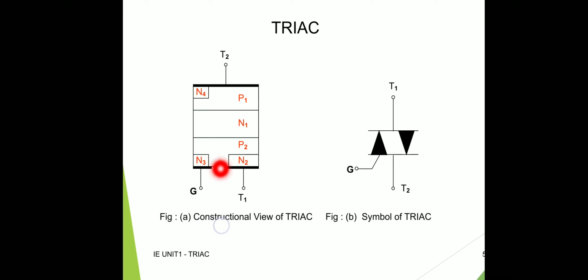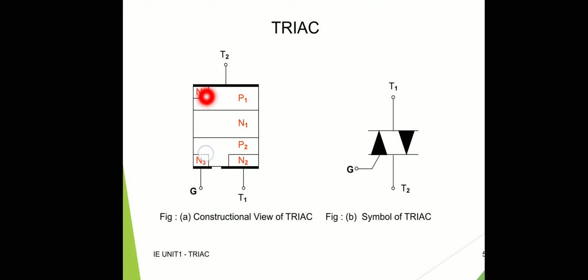N3 and N2 are diffused in the P2 region. Totally there are the P1 region, N1 region, P2 region, and small N regions N2, N3 and N4. This is about the construction of the TRIAC: three terminals, T2, T1 and gate.